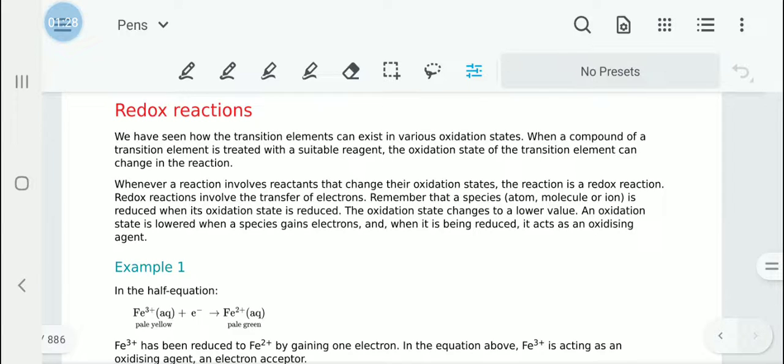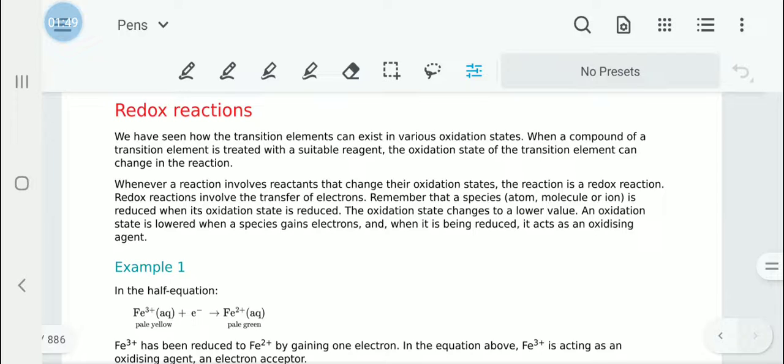If there is a change in the oxidation state, then it involves a redox reaction. Redox reaction does not always involve oxygen. Here what we talk about is transfer of electrons.